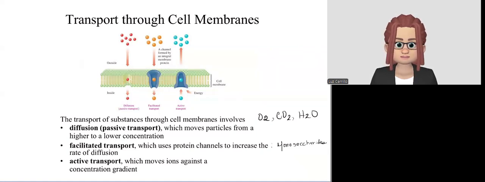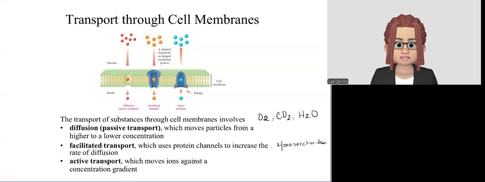Lastly, we have active transport. In active transport, understand that the molecules are going to move in, okay? And these molecules are specifically going to be ions. They're going to move against a concentration gradient, which is what we observe here.